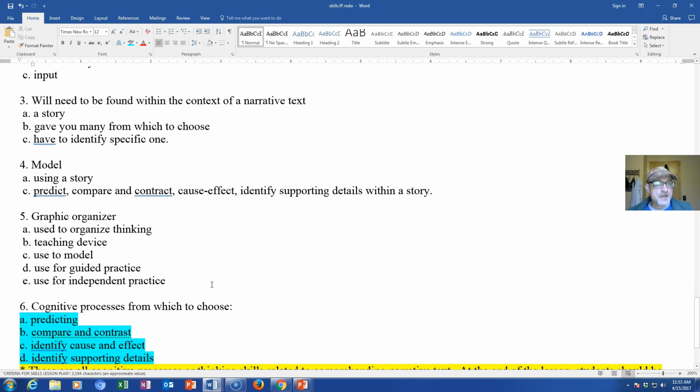Now, as I said, use a graphic organizer. It's used to organize thinking. Use it as a teaching device so you see it, and if you're using it, you have to say this will be on a board, this will be on a screen, this will be on a poster. Students will have a sheet of paper in front of them. You need to let the reader of your lesson plan know exactly.